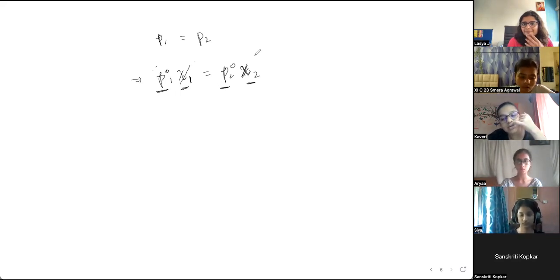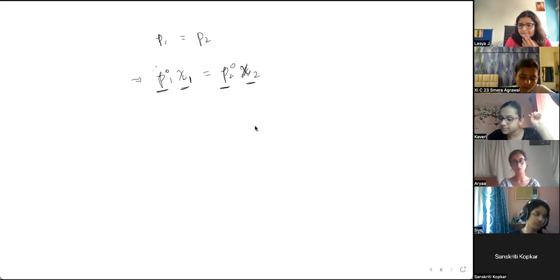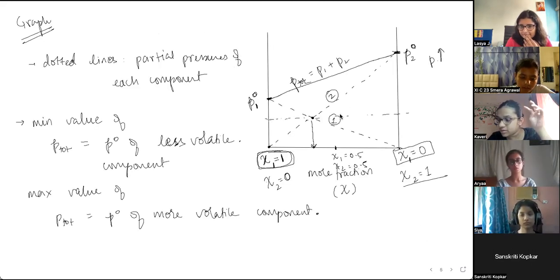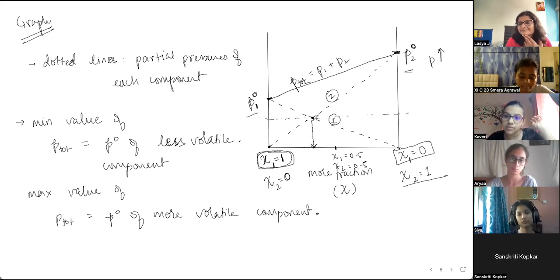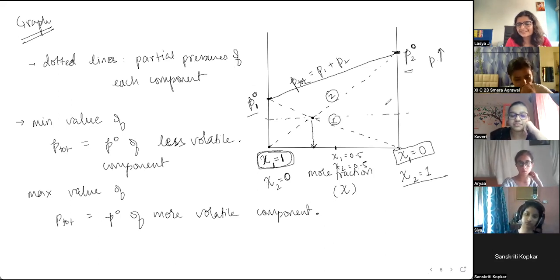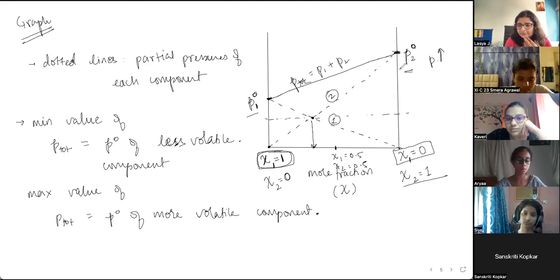So at that point where the partial pressures are equal, what does that depend on? That depends on P1 and P2. So it's like any random point. Yes, it depends on what substances you take. For P1 naught and P2 naught to be equal, it should be the same fluid, only then the values in pure component would be the same.